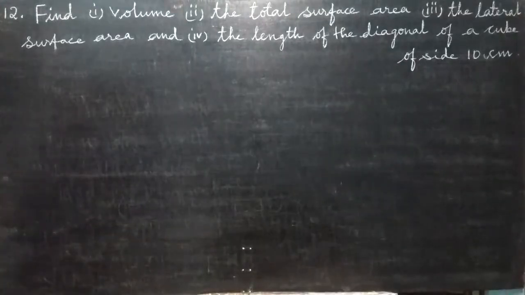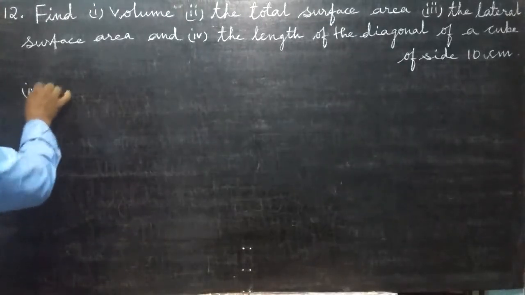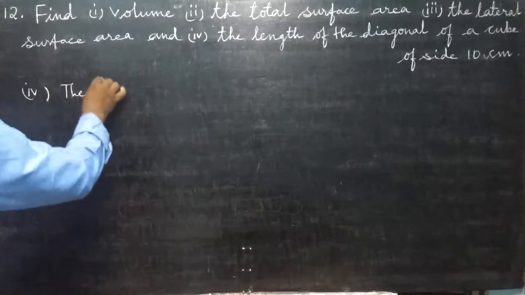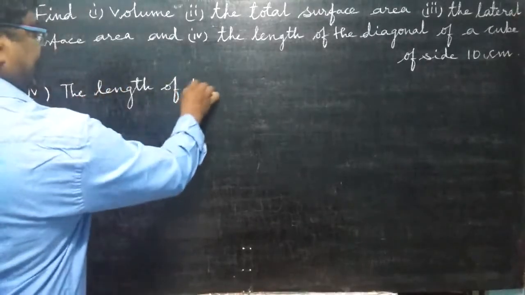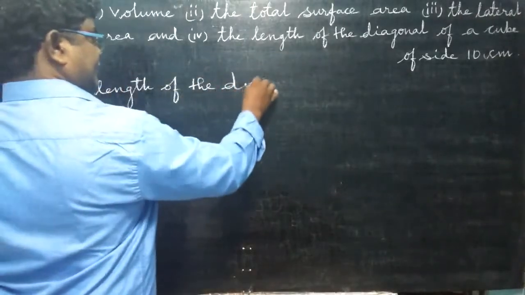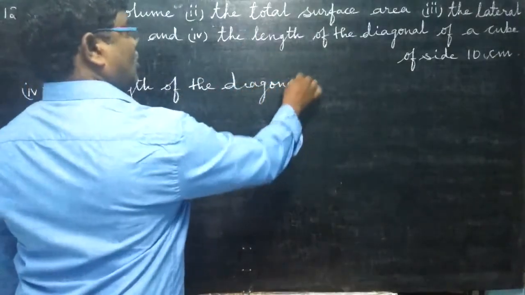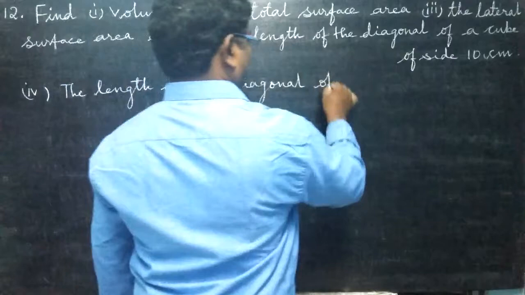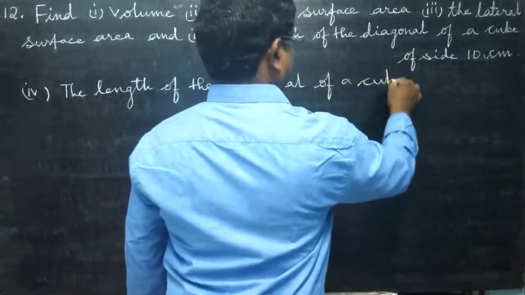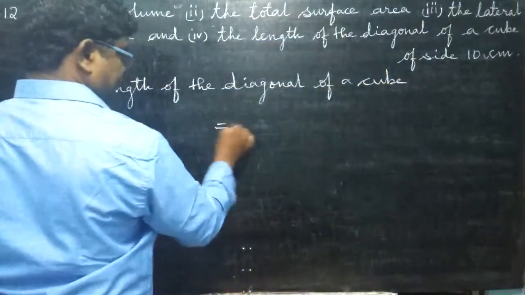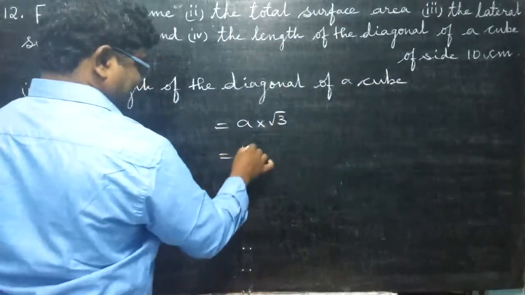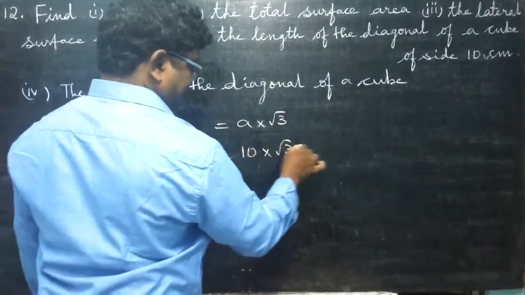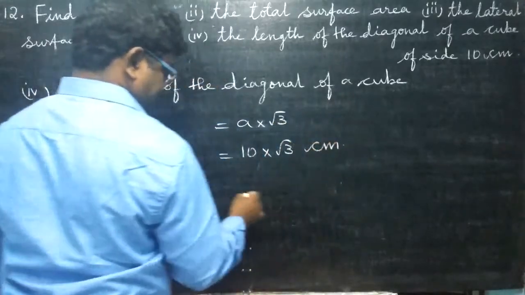Now the fourth one, they are asking to find the length of the diagonal of a cube. What is the formula? a into root 3. a means 10. 10 into root 3 centimeters.